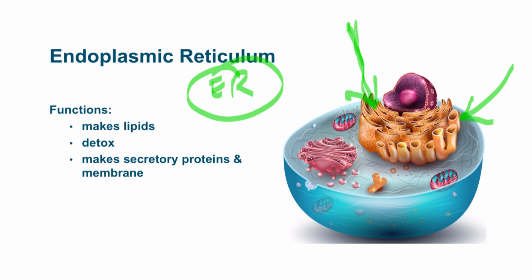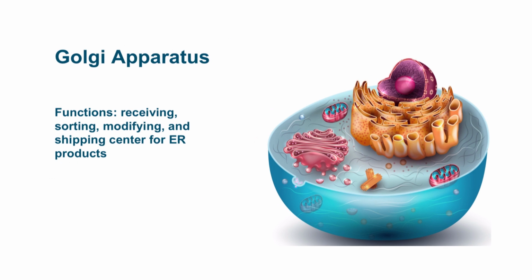This part here, where it looks like it's got little bumps on it, the little bumps are ribosomes. And this part here that doesn't have bumps on it, that is the smooth ER that does not have ribosomes. Those two parts have different functions. We don't have time to go into all of the different functions, so it's really important that you check the supplementary material that comes with the book to make sure that you fill in the blanks that we don't go over in the slides.